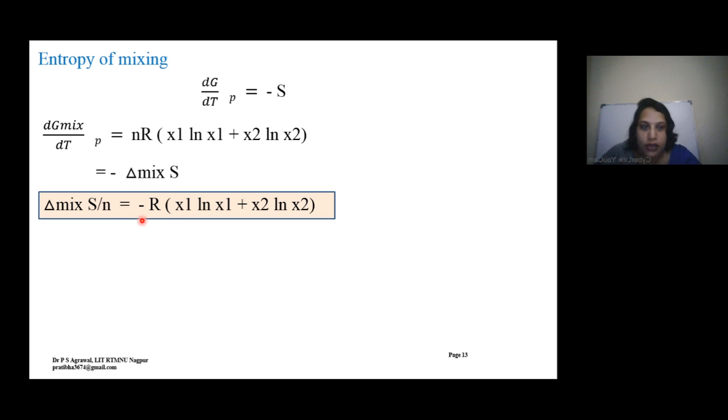So mixing is a spontaneous process. This mixing is a spontaneous process because ln of x1, x2 gives a negative value. This negative becomes positive and makes delta S of mixing positive. So entropy is positive. That means it is a spontaneous process.